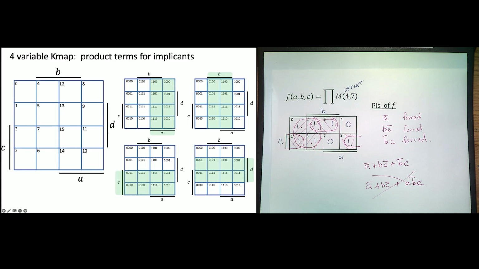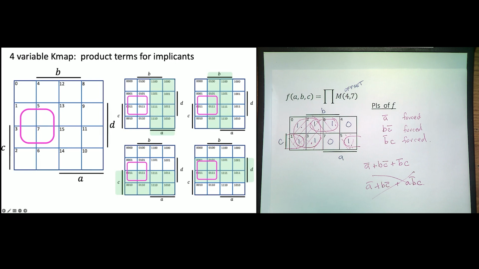All right, so very quickly, what is the product term for this implicant? Is it inside A? Outside A? Okay, so how about, is it inside B or outside of B? Straddling. How about C? How about D?